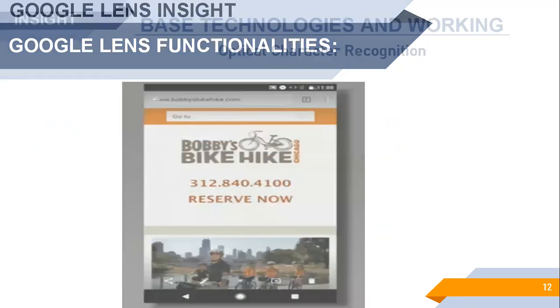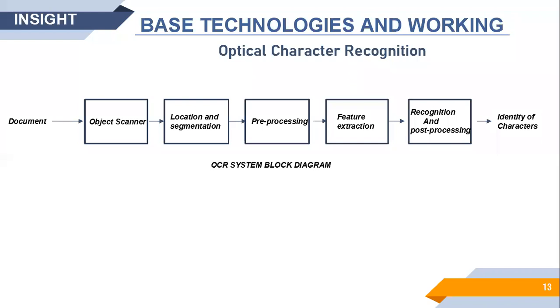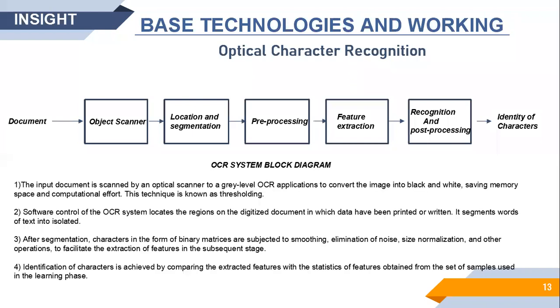So OCR is the base technology of Google Lens. OCR means optical character recognition. The OCR application converts an analog or multi-level image into black or white.